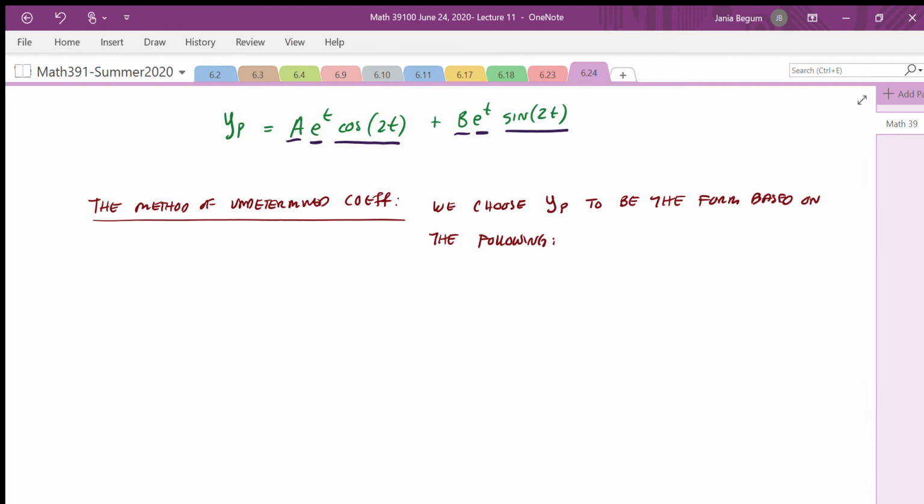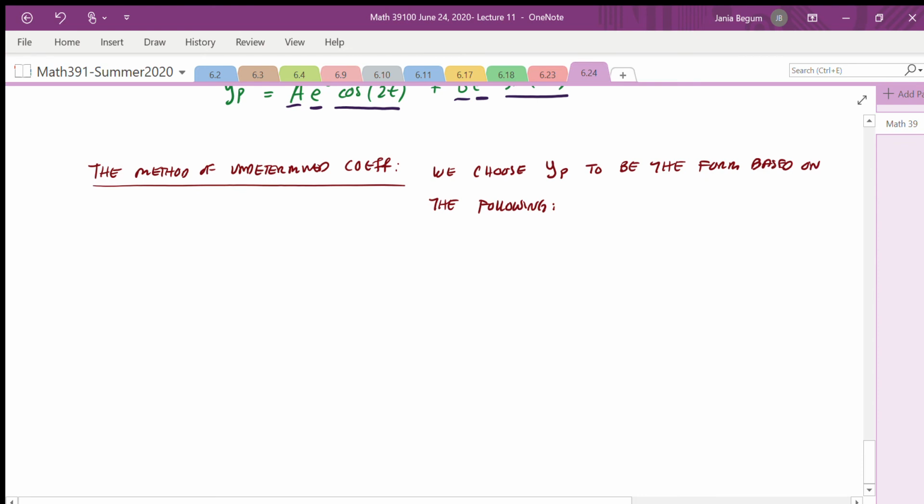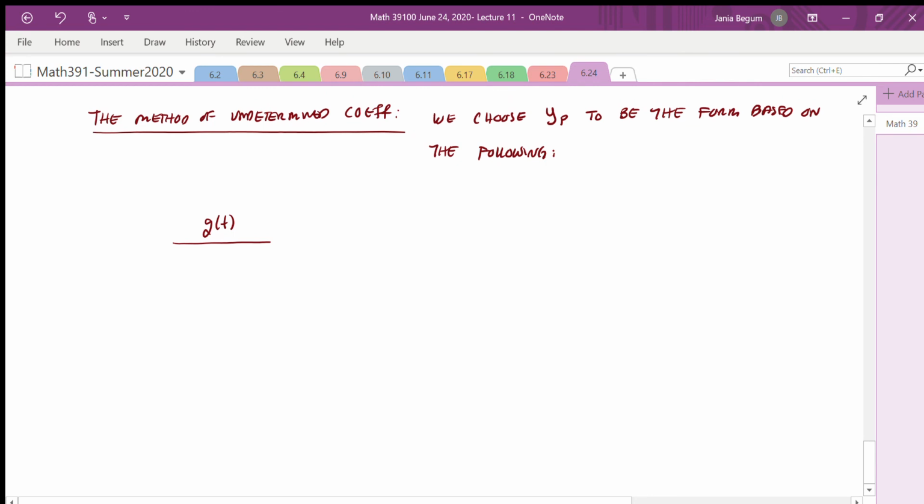If g of t is such and such, this is the table for picking yp.